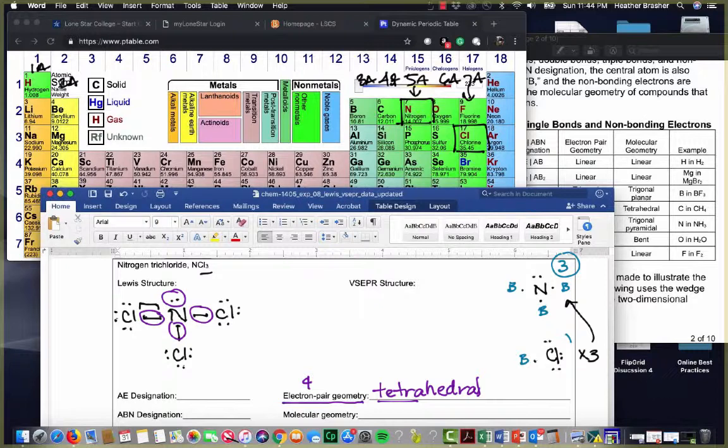The next thing that we're going to do is the molecular geometry. We're going to ask, what is the actual shape of the molecule? So there we're just contemplating essentially where the atoms are in 3 dimensions. Now I want to note that the non-bonding electrons, or these electron pairs, those dictate the shape.